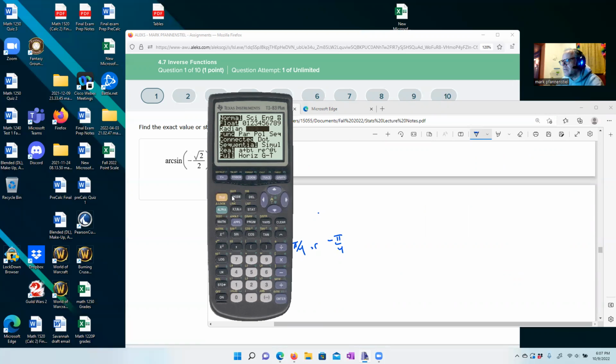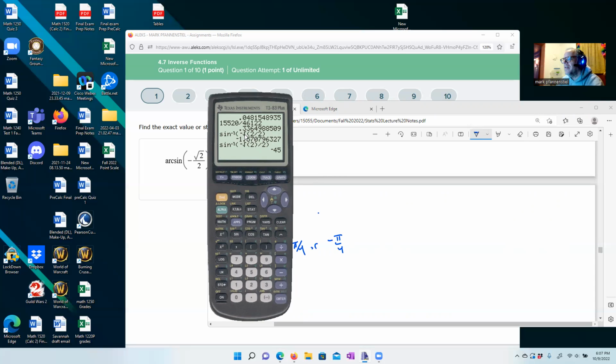I want negative root 2 over 2, and hit enter. Negative 45 degrees. I want to say that's pi over 2. That's not right. I may have messed up.